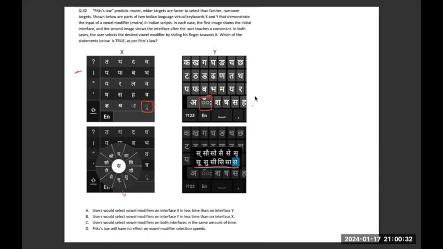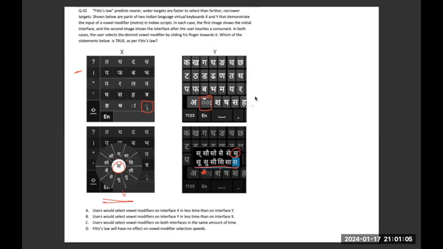In this case, the nearer objects, which are closer to the thumb, will be easier and faster. If you observe the keyboards carefully, in this keyboard, every matra is equidistant and closer to the center part. Whereas here, even if you consider this to be the center, this will be the farthest one, which will take some time.